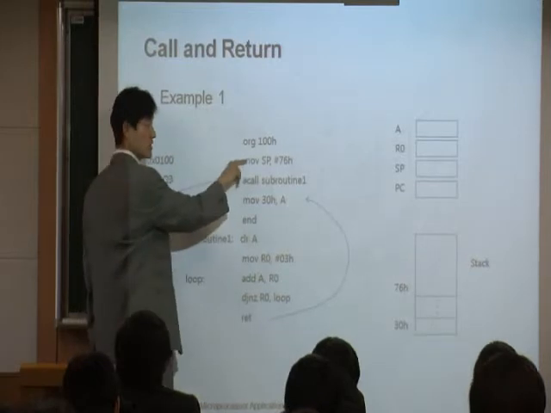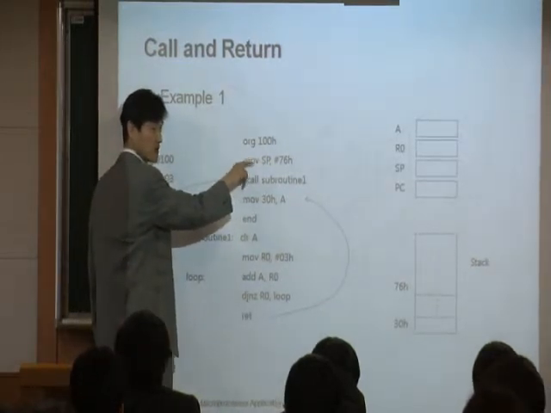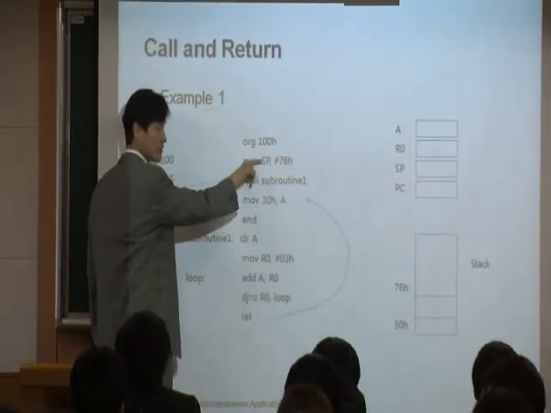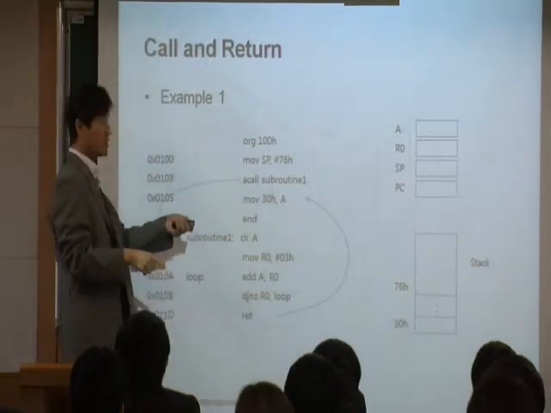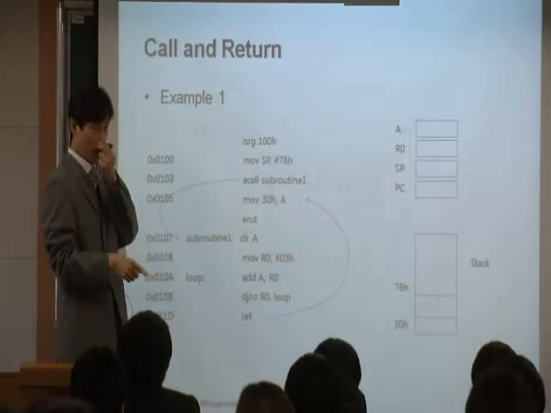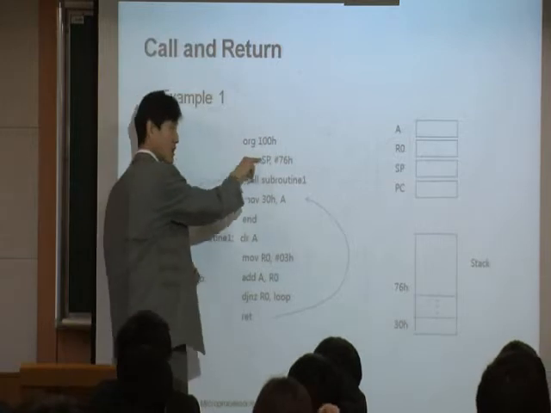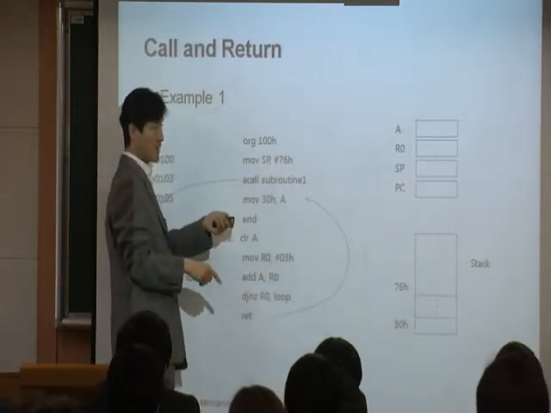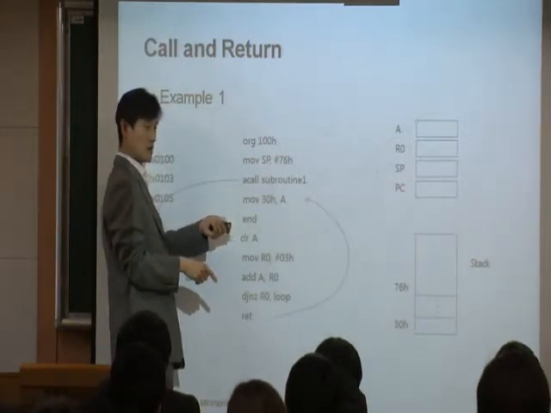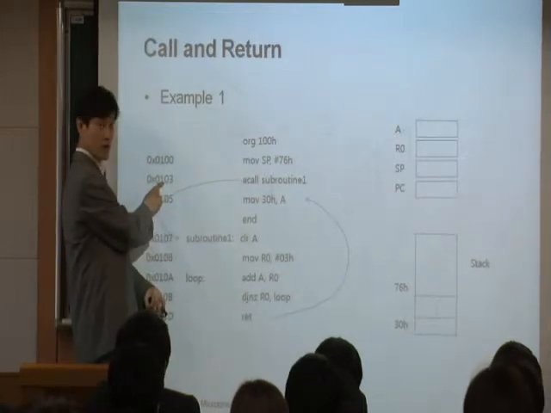When I execute this, what would be the value in the program counter? It will have the value 103.